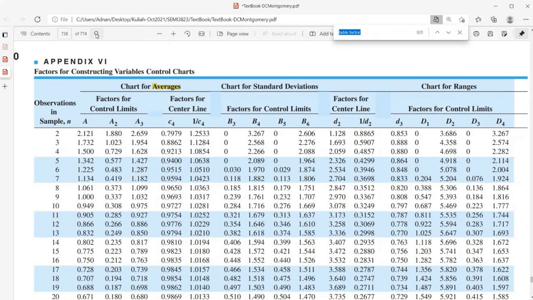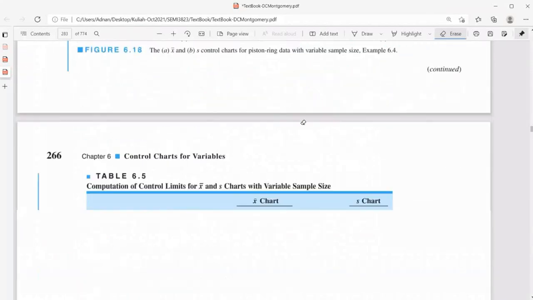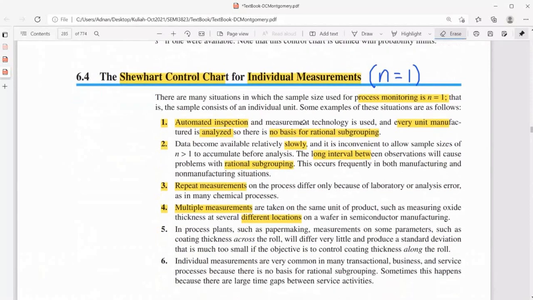Okay, Doctor, clear. I go back to the page, I think 280, somewhere there. We have here, don't confuse this with the sample size.